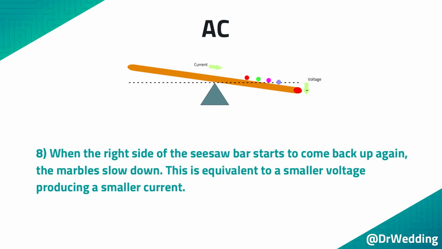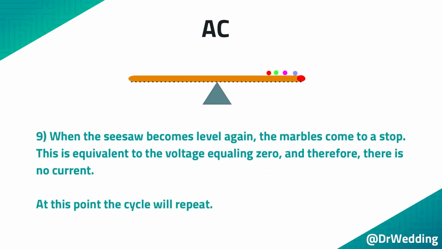Step 8. When the right side of the seesaw bar starts to come back up again, the marbles slow down. This is equivalent to a smaller voltage producing a smaller current. Step 9. When the seesaw becomes level again, the marbles come to a stop. This is equivalent to the voltage equaling 0, and therefore there is no current. At this point, the cycle will repeat.